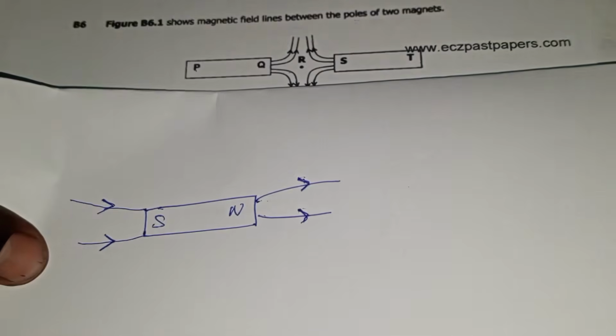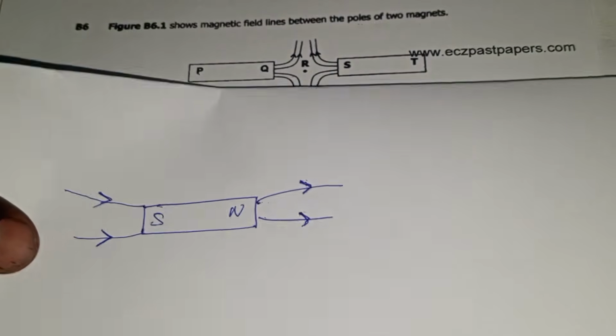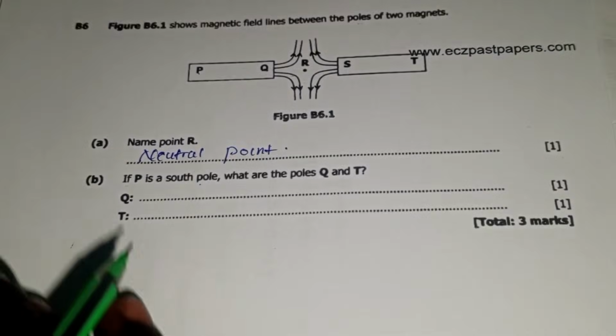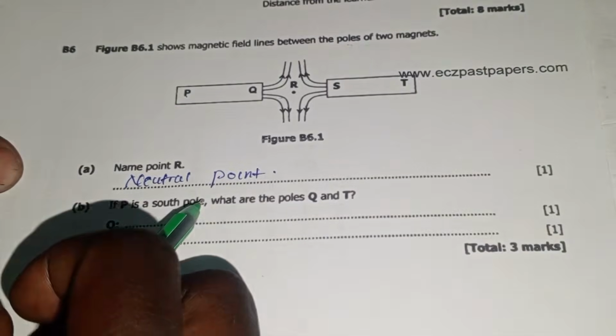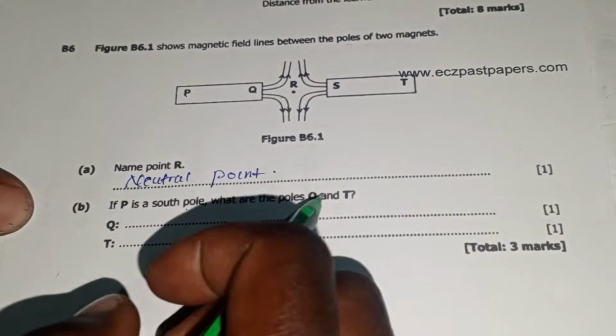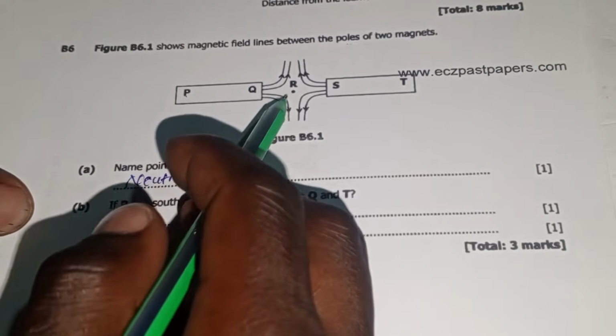So please, whenever you are told to identify the poles of a certain magnet, try to look at the direction of the magnetic field lines. Here we have been told that if P is the south pole, then what are the poles Q and T? As you can see, Q here is releasing the magnetic field lines.